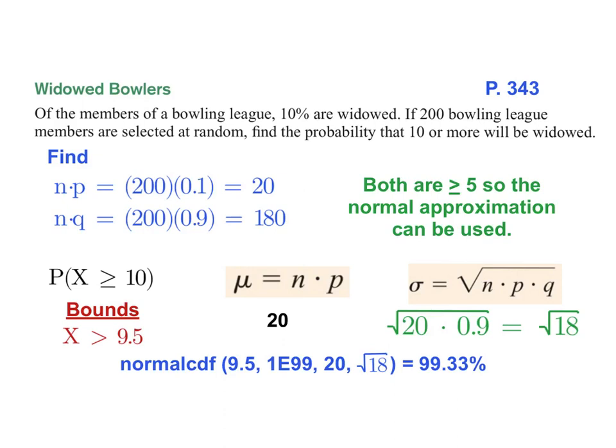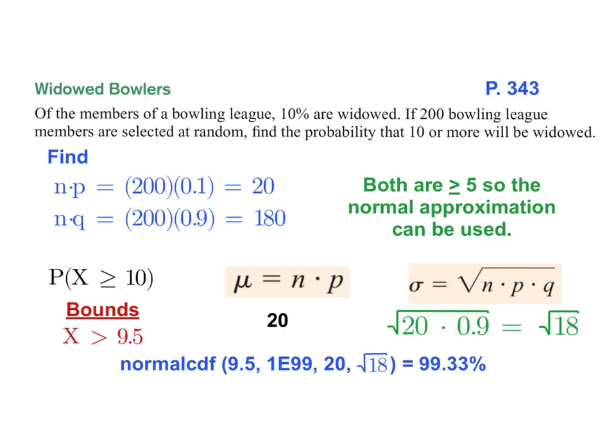Here's why that number is so high. If we believe the premise that 10% are widowed, 10% of the entire league is actually 20 people. The probability that it's 10 or more should be very high because we actually expect it to be 20, not 10.